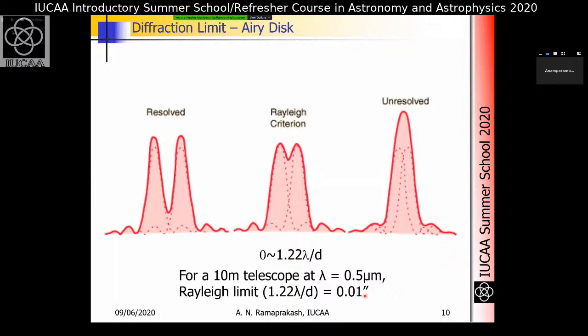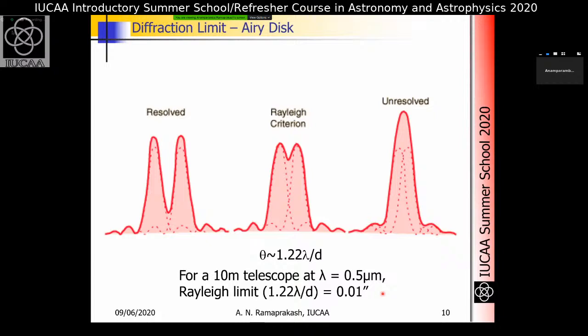What it means is that a 10-meter telescope collecting light from the sky at a wavelength of half micron should be able to resolve two points in the sky as two separate points if they are separated by a tiny, tiny angle of 0.01 arc second, theoretically.